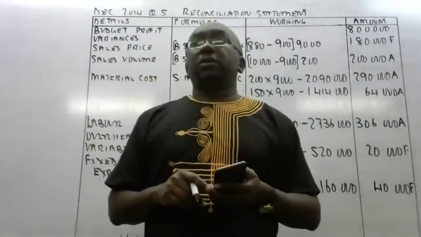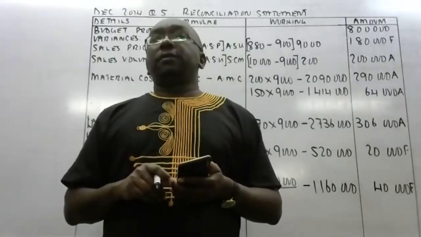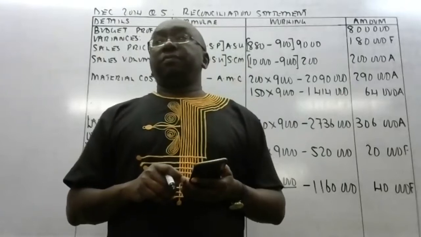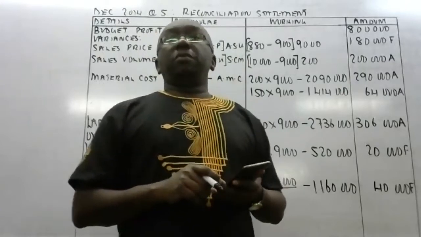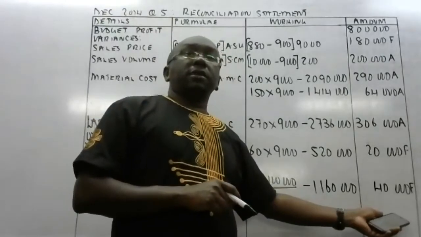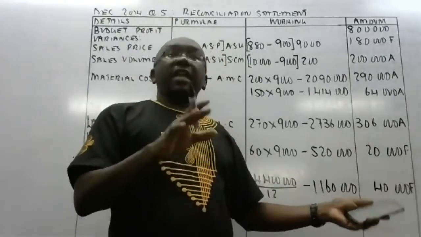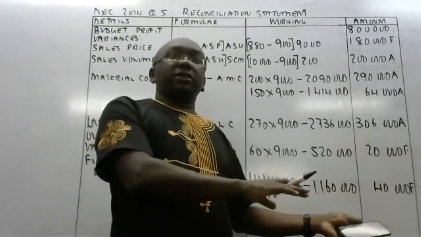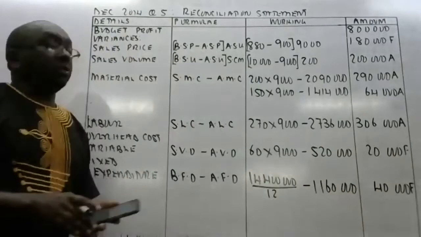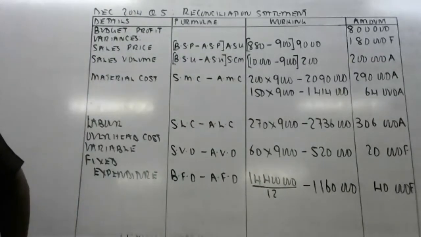Yes or no? No. So if there are no stocks, you don't compute the volume. You should not write it and tell us it is 0, because it is not 0. It's only that it is not supposed to be brought in the reconciliation statement. So you just don't bring it.